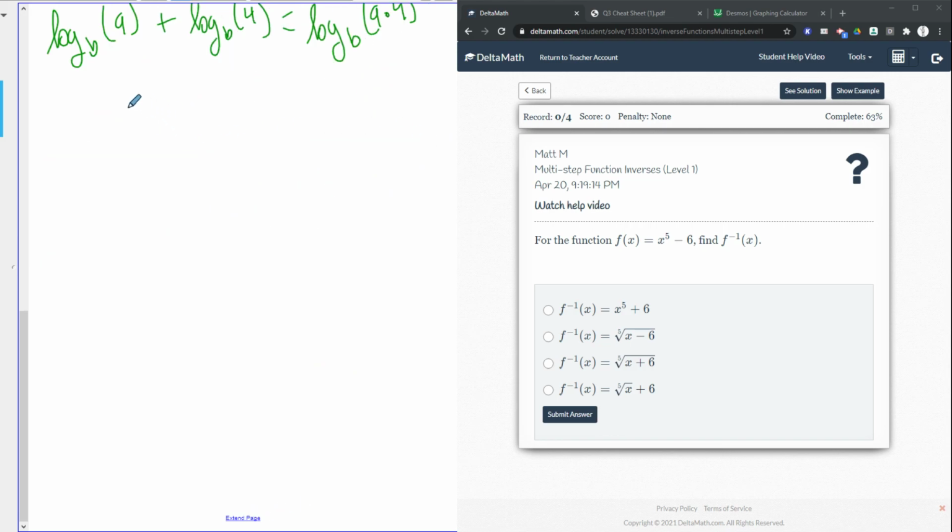Okay, so set y equal to f of x, swap x and y, solve for y. First thing I'm going to do, I'm going to move the 6 over.